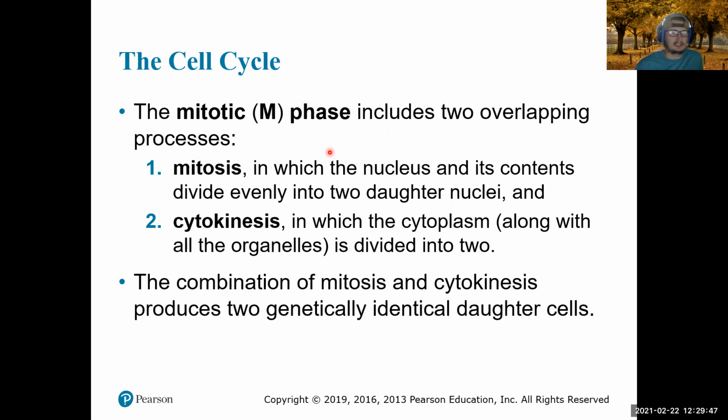Okay, so this is basically dividing the chromosomes. Cytokinesis is where the cytoplasm and all of the organelles will split into the two daughter cells. So this is where that material is separated into the two individual daughter cells. So the overlap or the combination of mitosis and cytokinesis is what produces two genetically identical daughter cells from a single parent cell.